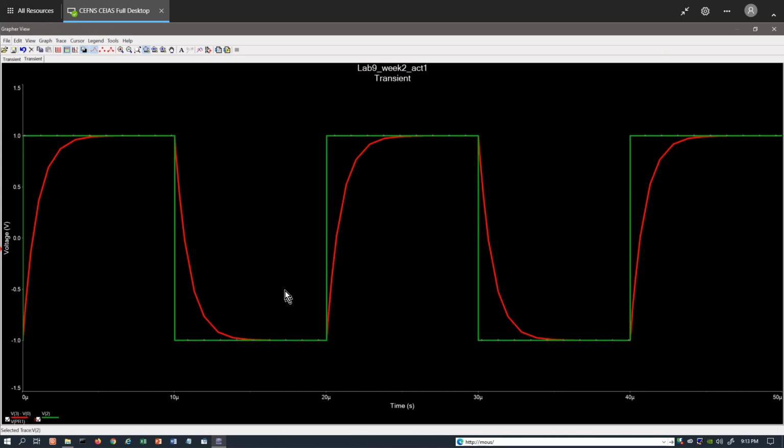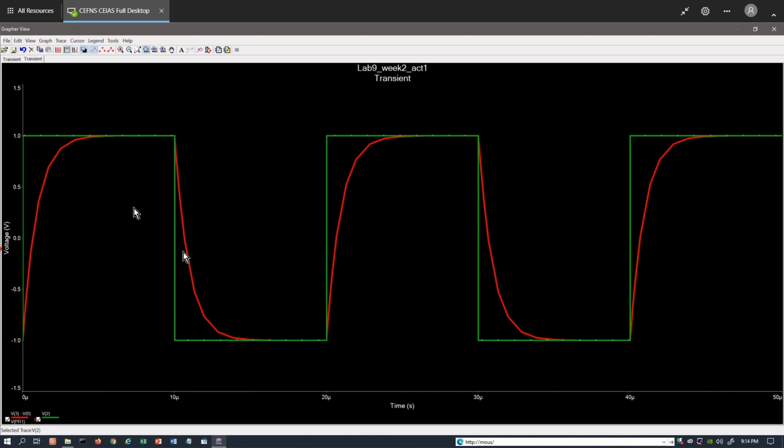Now you can see we have two curves. The red one is our voltage across the capacitor, and the green one is our source voltage. The green one is a square wave, and we see the red one is following the exponential increasing and decreasing curve we just talked about in our lecture.